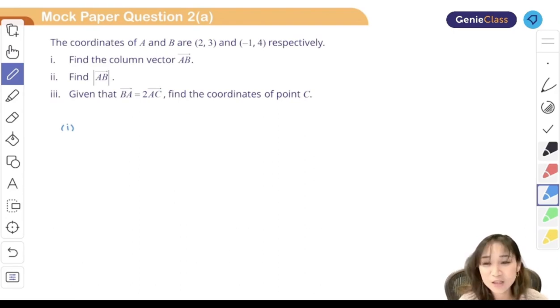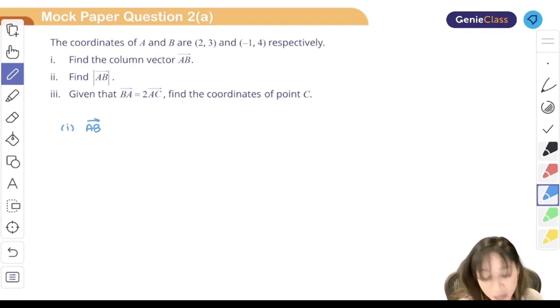What is the position vector of A? What is the position vector of B? Anyone? Okay, so from triangle law, very good, Sean. Well done. Okay, what about B? Very good. Wow, well done.